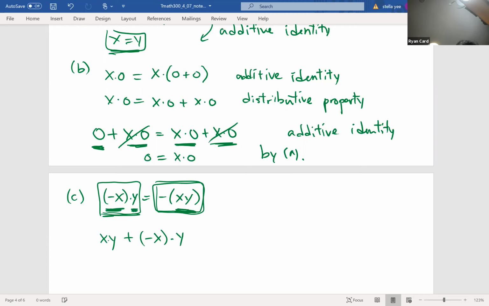So let's see if we can work out what this is equal to. The first step is to use the distributive property. So I can factor out the y here. And then I use the fact that negative x is an additive inverse for x. So x plus negative x is equal to 0.